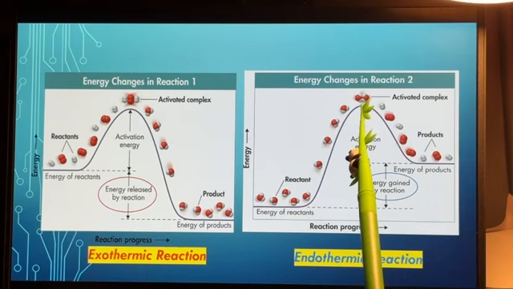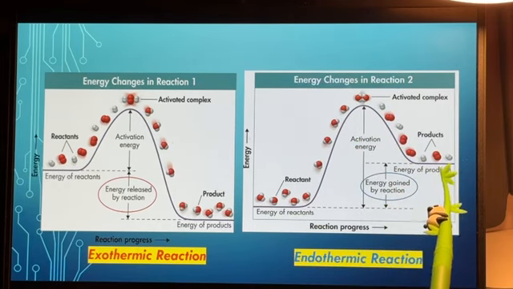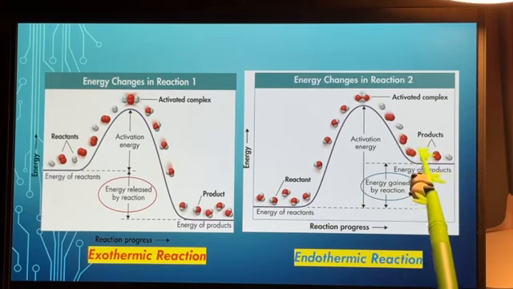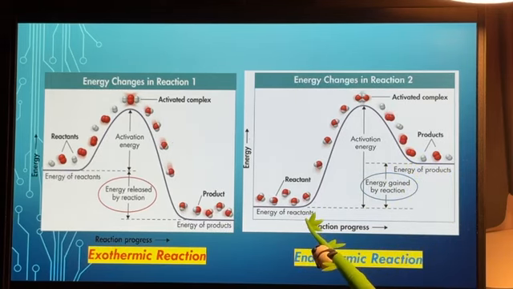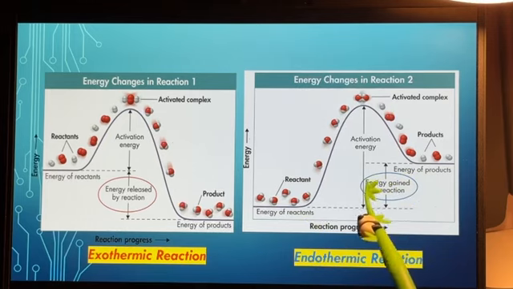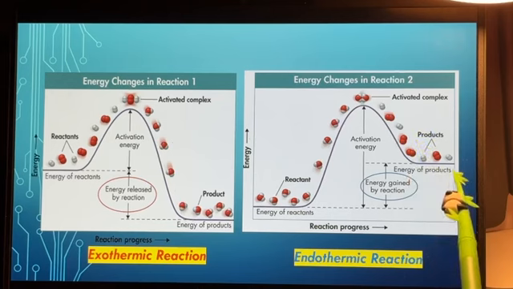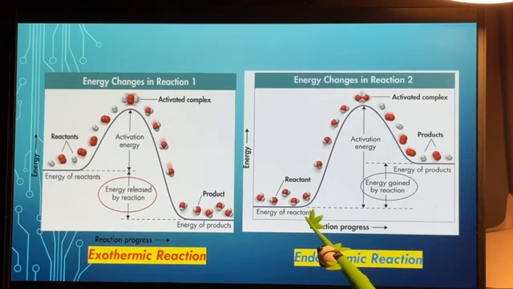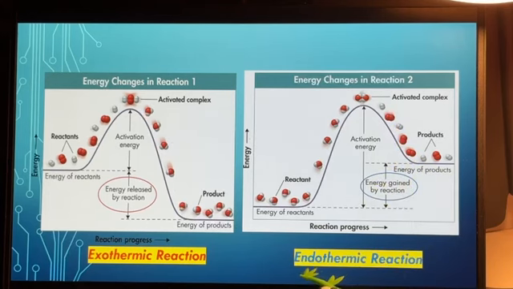And after they fall down from the activated complex, you can see the products are being formed. So here, the energy of product minus the energy of reactants will give you the energy gained by the reaction. Here, the energy of product is higher than the energy of reactants. That is why this graph represents the endothermic reaction.